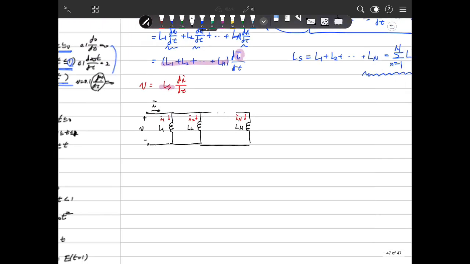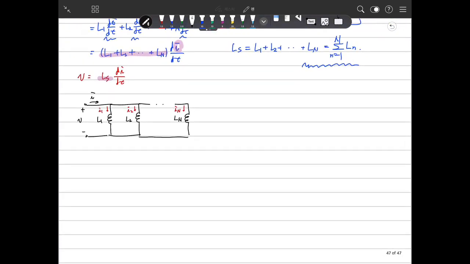So what is our target? Our target is the same circuit with voltage V and inductor Lp, then current I. So our target is to find Lp such that V is the same and the current is the same as their values.